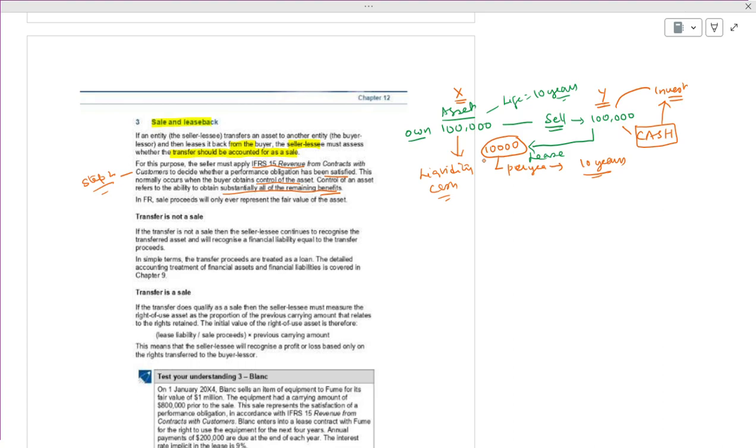Now, I will give you this point for your practical training. Every other bank is investing in properties. Are the branches owned by the banks? No. All the branches are on lease.